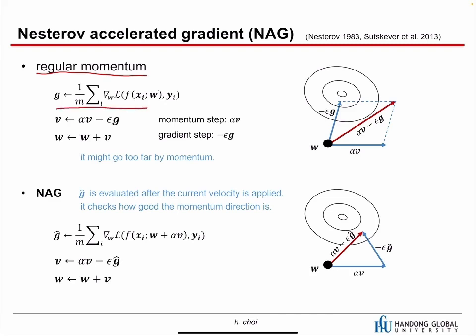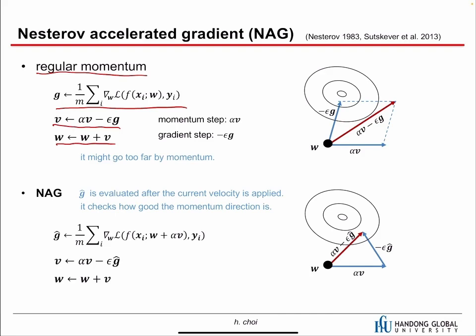The gradient is the average of the gradient of the mini batch, and the velocity is defined by this, and this one is the parameter update.